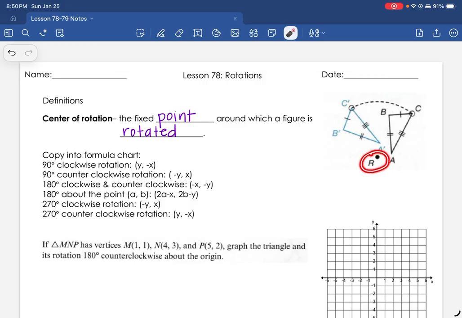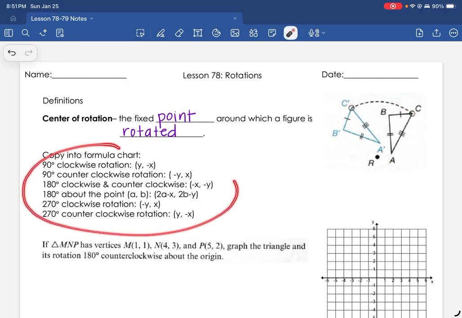So this first example right here says if triangle MNP has vertices M at 1, 1, N at 4, 3, and P at 5, 2, graph the triangle and its rotation 180 degrees counterclockwise about the origin. Okay, so we're going to look up here and we are going to use this one right here. 180 degrees counterclockwise about the origin.